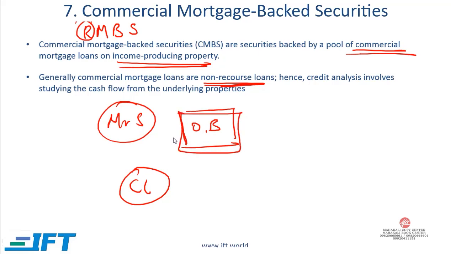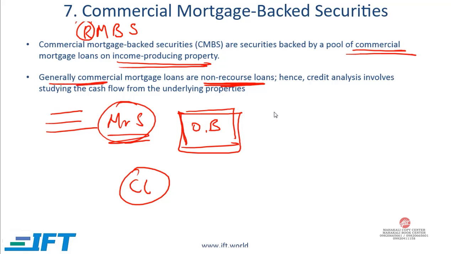It cannot go after the other properties or the other assets that might belong to Mr. Smith. So we've talked about the concept of non-recourse before. Here it's important because generally commercial loans are non-recourse.